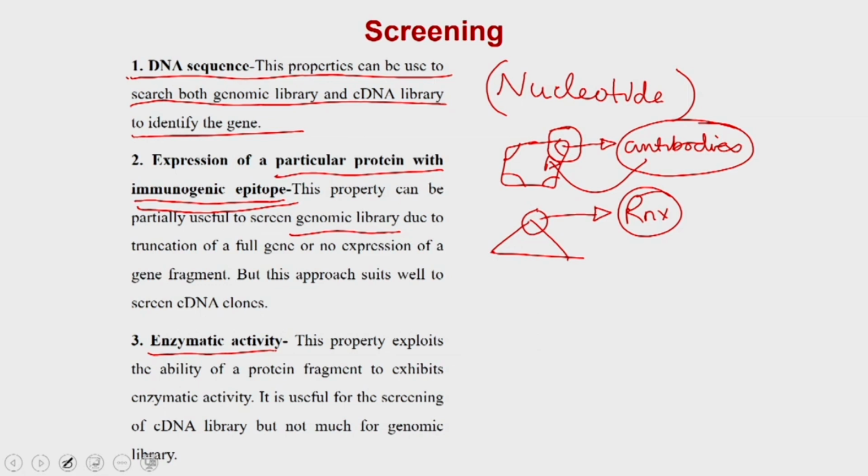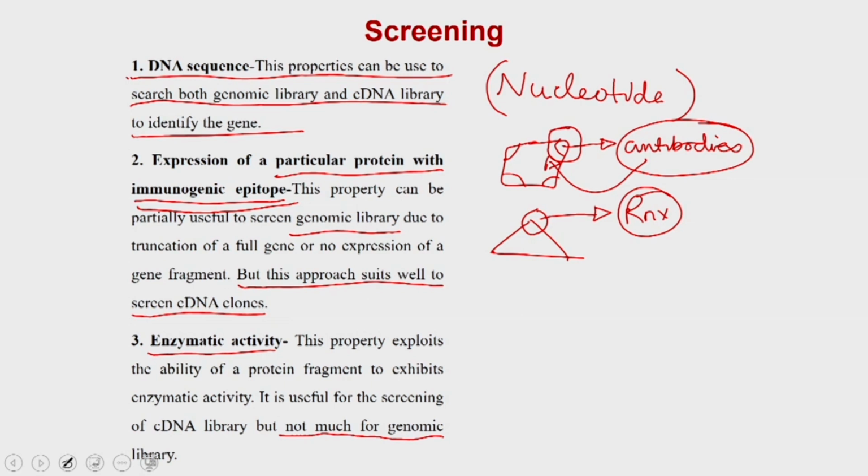As you can see in this kind of classification, the antibody approach is more suitable for screening cDNA clones, whereas the approach of enzymatic activity is more appropriate for the genomic library.